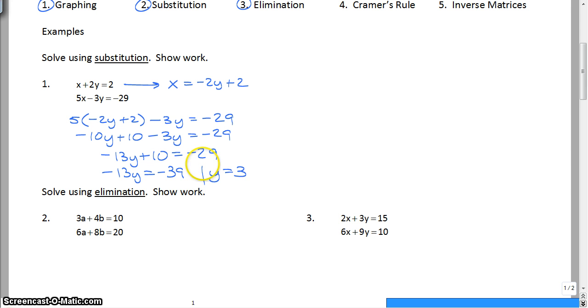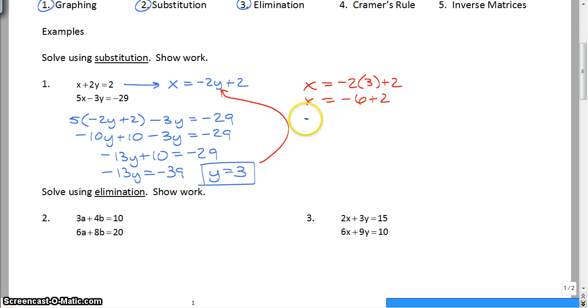So that's the first part. After you get the first variable, you need to substitute it back in to that. And now we'll get x. So we'll have x is equal to negative 2 times 3 plus 2. So x is equal to negative 6 plus 2, so x equals negative 4.